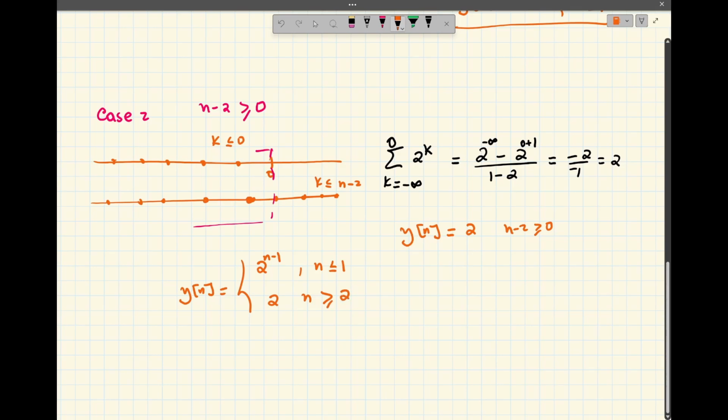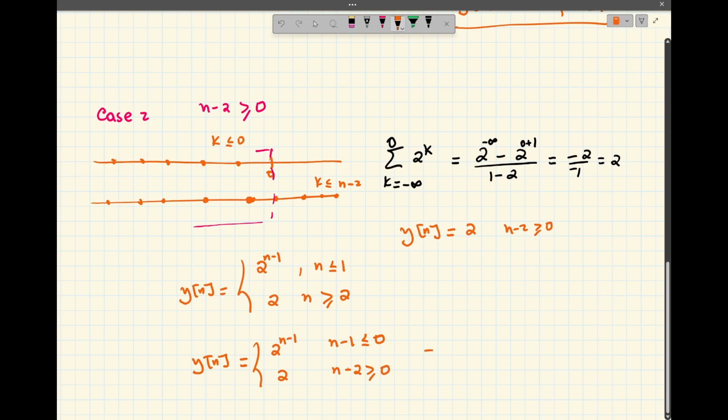Excuse me. So I can also write this y of n equal to 2 to the n minus 1 when n minus 1 less than or equal to 0. It's 2 when n minus 2 is bigger or equal to 0.